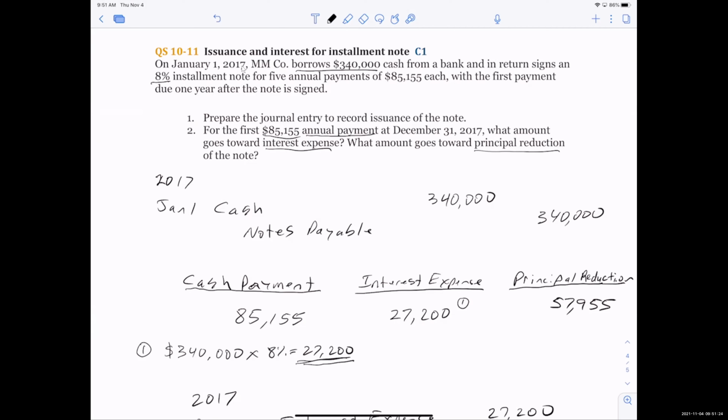On January 1 of 2017, MM Company borrows $340,000 cash and signs an 8% installment note for 5 annual payments. And they give you the payment, $85,155. What's really interesting is in your finance class and in your intermediate accounting class, they're going to make you calculate that payment.